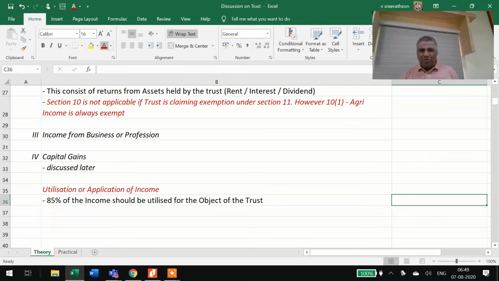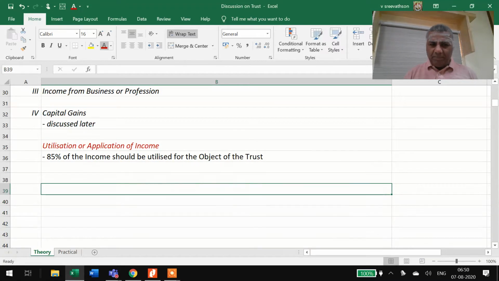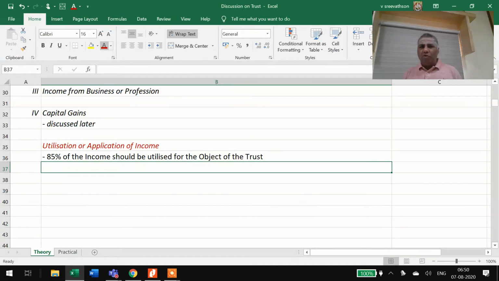Formally I will teach you. That 15% is indirectly known as a standard deduction. So 85% of the income should be utilized for the object of the trust.